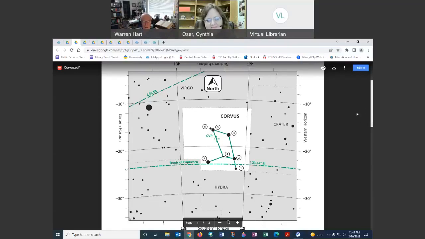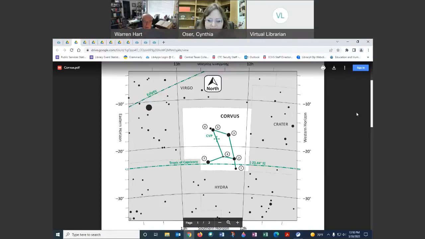The ecliptic is the name for the path of the sun through the sky. Now, when we're looking at the sun, we can't see it, but we can figure out where it would be each night at midnight, where it would be along that path. So that's its circle.